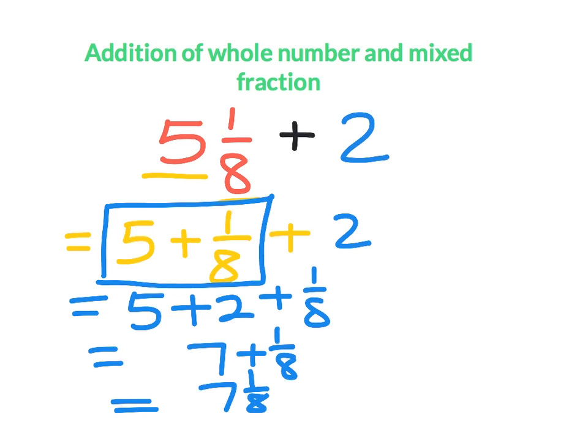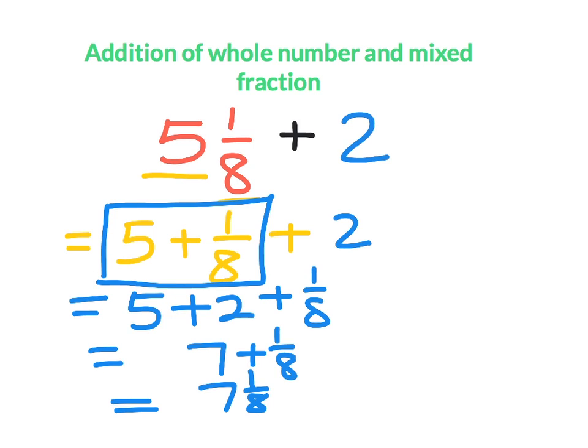There's a second method by which you can solve this problem, and that second method involves converting this mixed fraction into an improper fraction. So if we convert the mixed fraction into an improper fraction, that's going to give us 5 multiplied by 8 is 40, and 40 plus 1, which is the numerator, gives us 41.